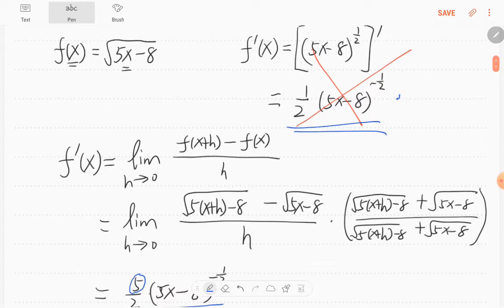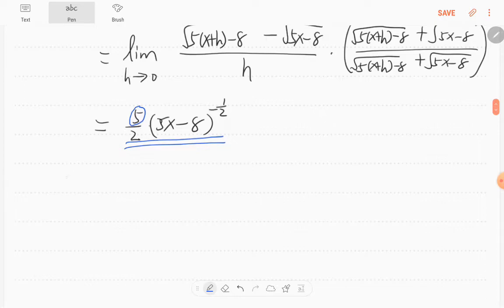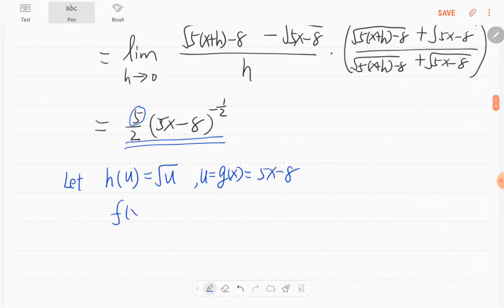If we let h(u) equal the square root of u, and u equals g(x) equals 5x minus 8, then f(x) is actually h of g of x, which is the composite function, h composed with g.